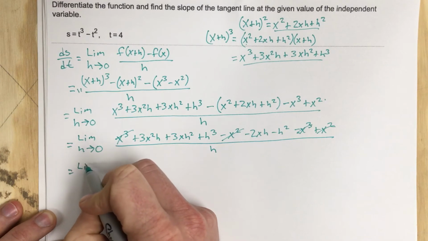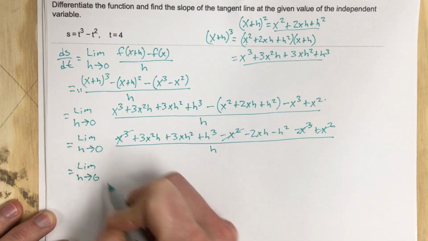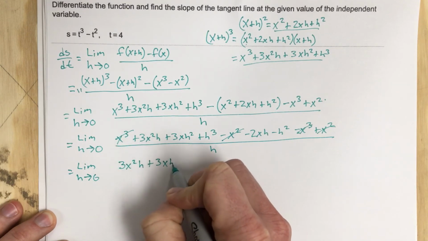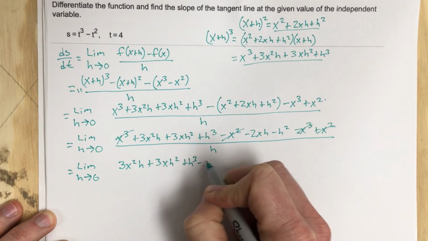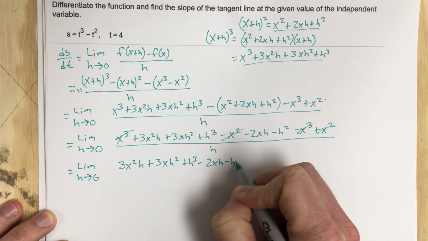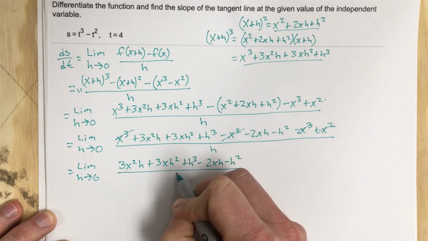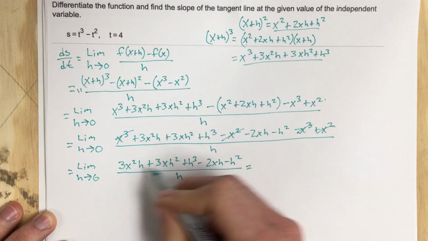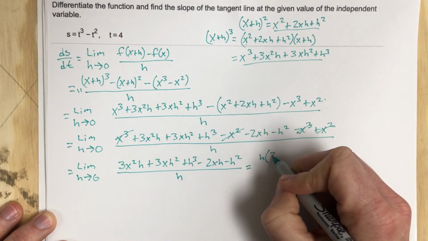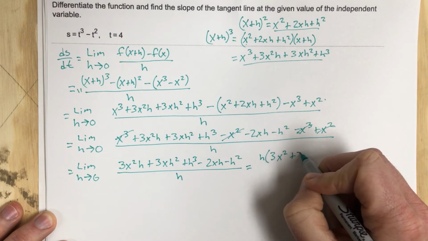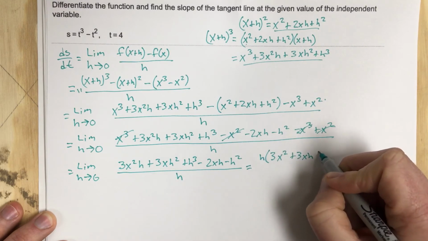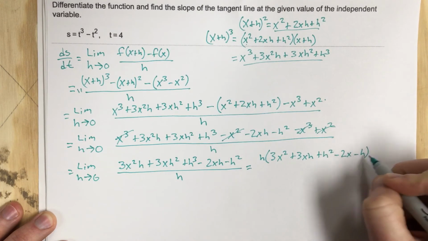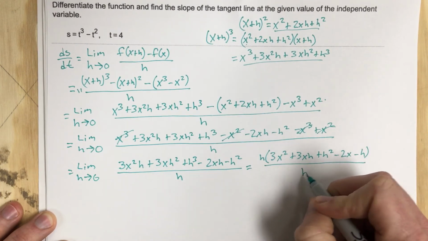So we get the limit as h approaches 0 of 3x squared h plus 3xh squared plus h cubed minus 2xh minus h squared all over h, which when we simplify this, we factor out an h, we get h times 3x squared plus 3xh plus h squared minus 2x minus h, all over h.